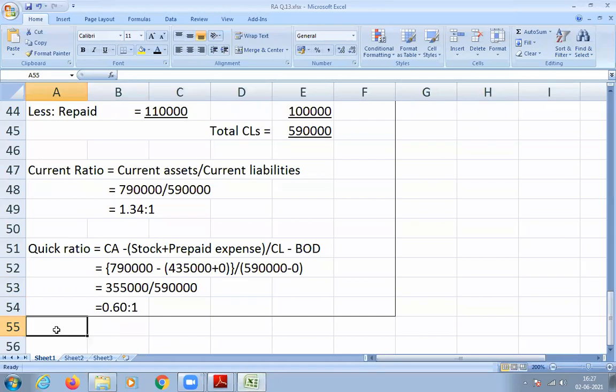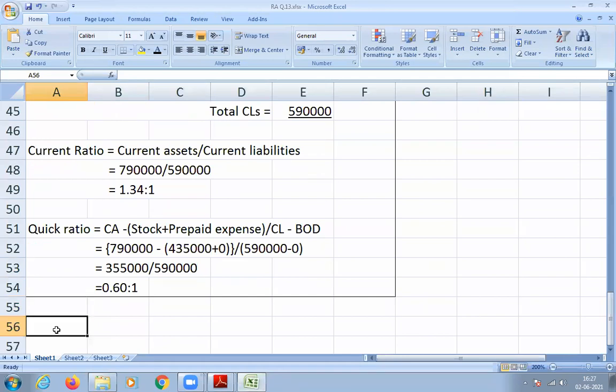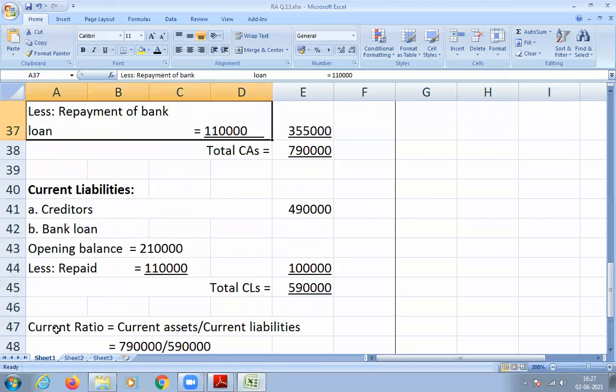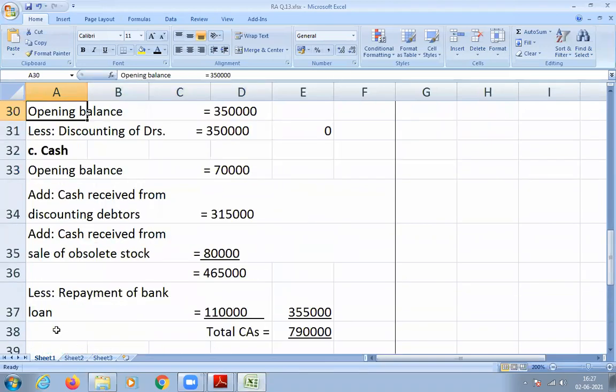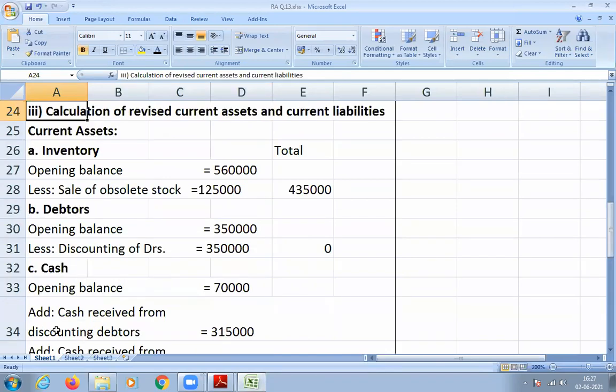Sir, can you go back to the current assets? The revised current asset? Yes, sir, after the sale of obsolete stock, I missed out. Debtors you're asking? Any doubt in this? No, sir, just have to write it.